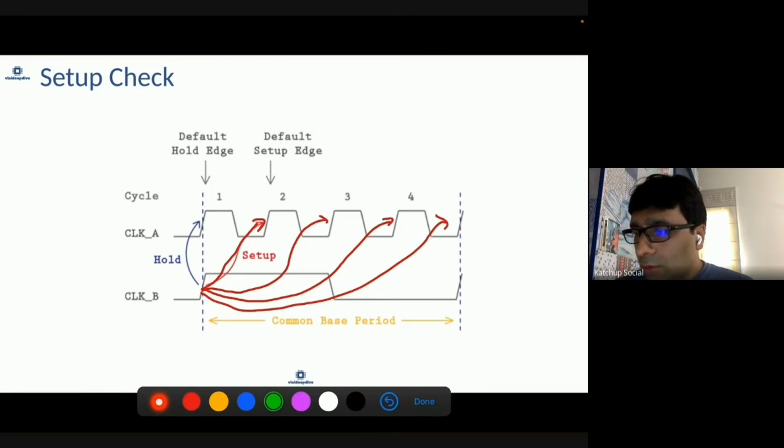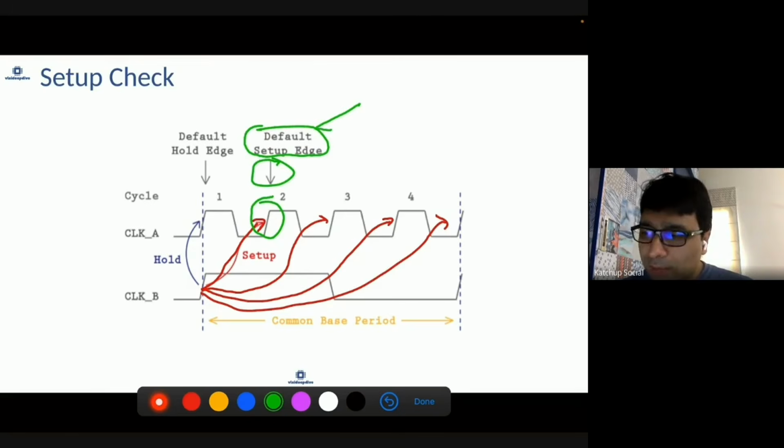STA uses the most restrictive setup, which is the default setup edge, and that is what is used for timing. Of course, you can change this by applying a constraint known as set multi-cycle path, but by default, it will expand the clocks to a common base period and find the most restrictive setup edge.